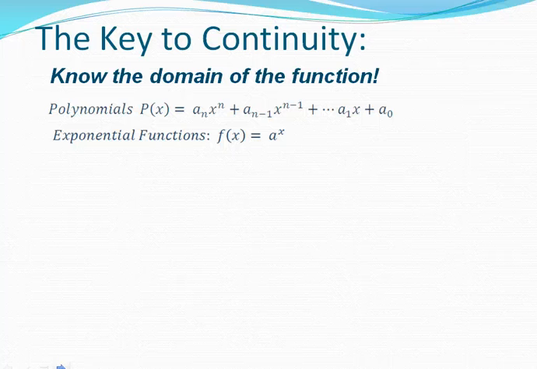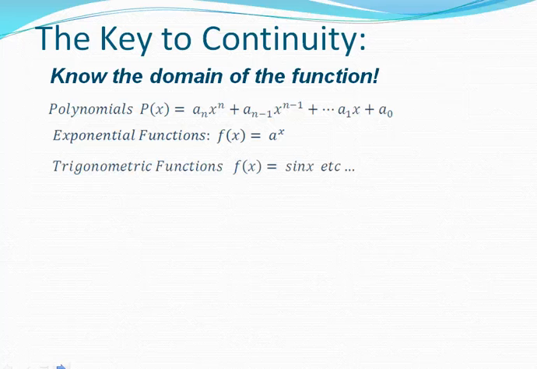Therefore, exponential functions are continuous everywhere. Some of our trigonometric functions are continuous everywhere, for example, sine and cosine. However, cotangent, tangent, secant and cosecant, all of those have asymptotes. And so there are areas in those functions that have infinite discontinuities.